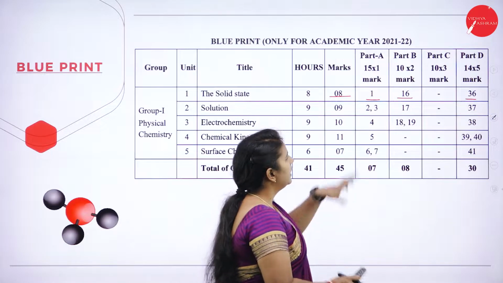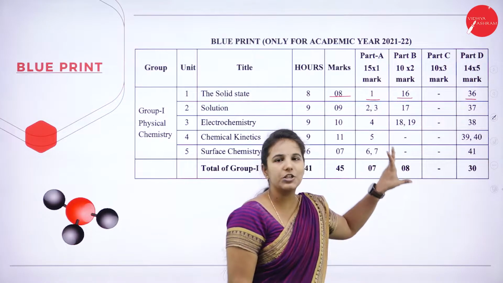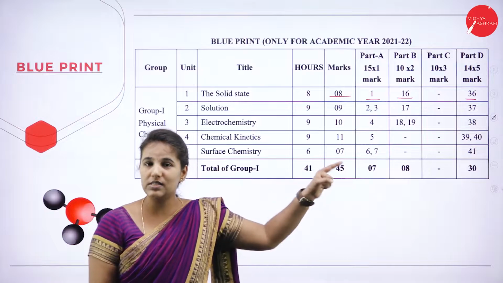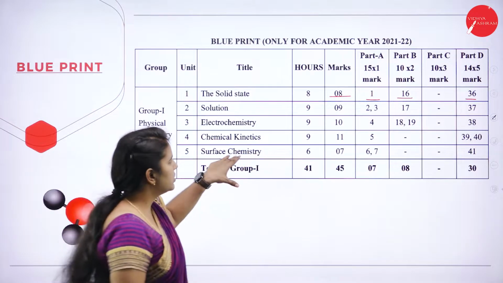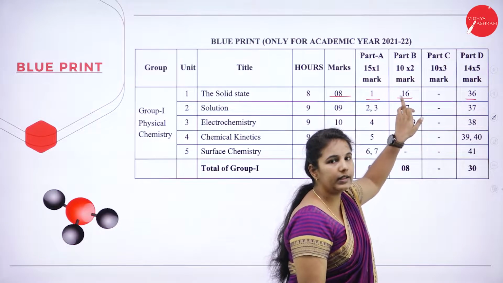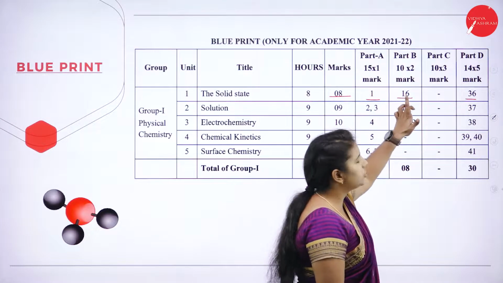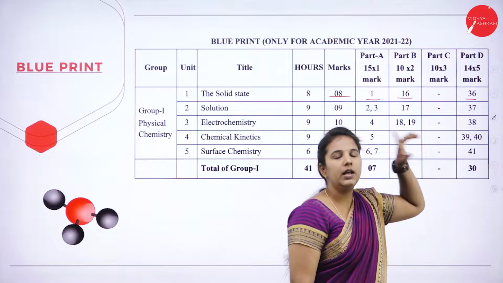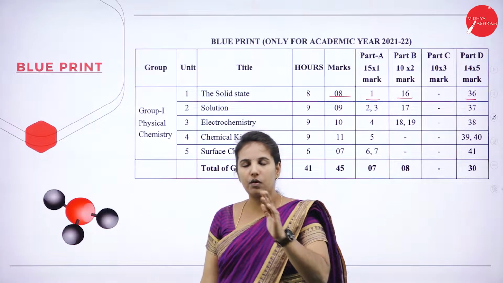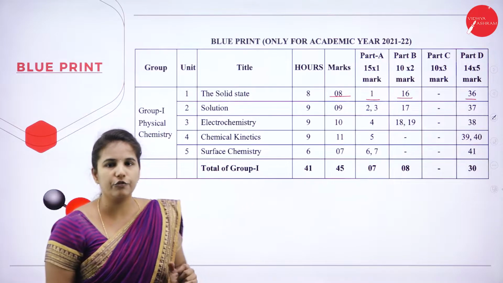These are the question numbers which come definitely on your board paper. From the solid state we can expect the first question in 1 mark, in 2 marks question number 16, and question number 36 which carries 5 marks.